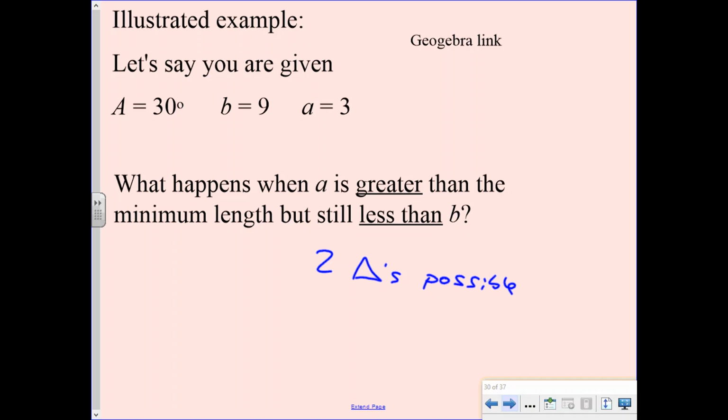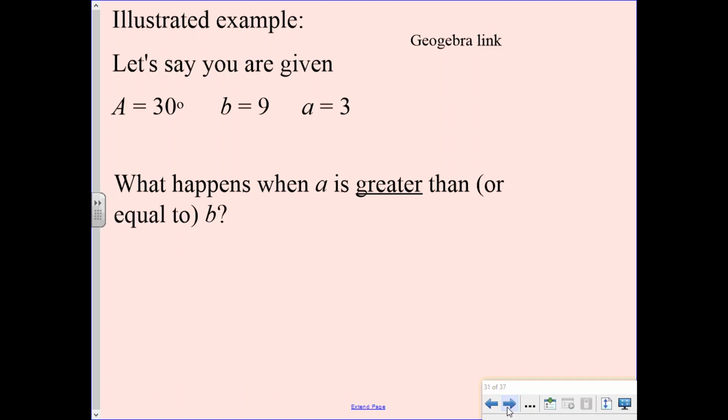Okay? And then when A is greater than or equal to the adjacent side, that's when there's just one triangle possible.